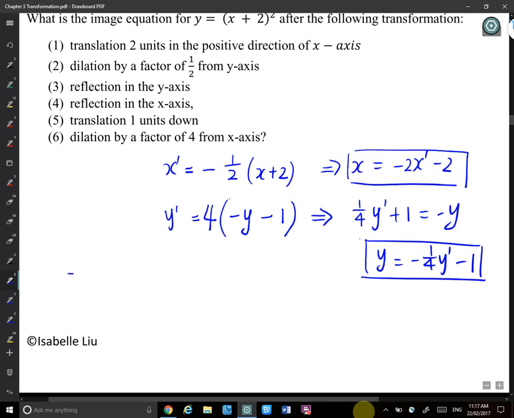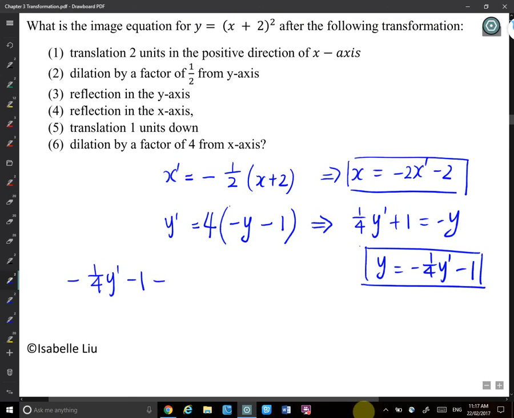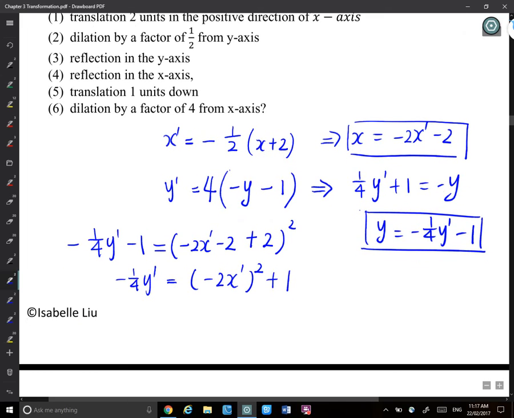y will be negative a quarter y dash subtract 1, and x will be negative 2x dash minus 2, and you still have the plus 2 there, and then you square it. So that is negative a quarter y dash equals bracket minus 2x dash, the whole thing squared, plus 1.